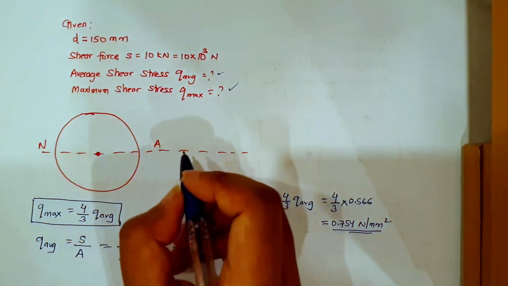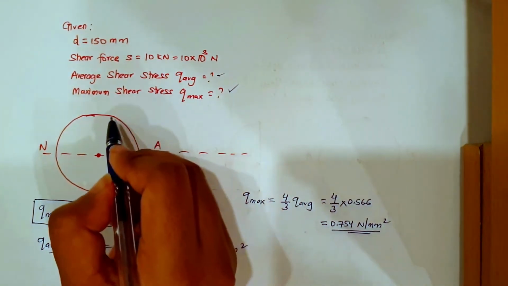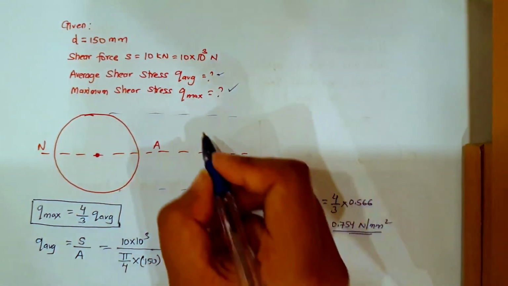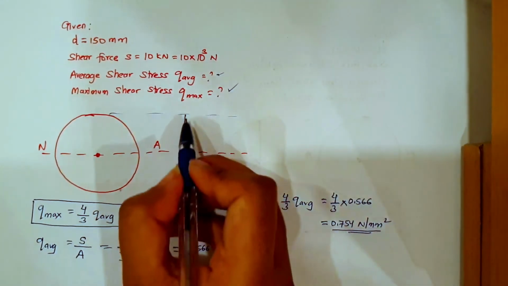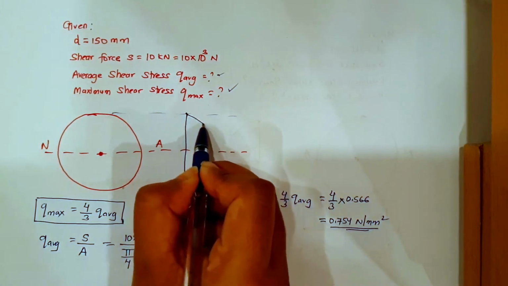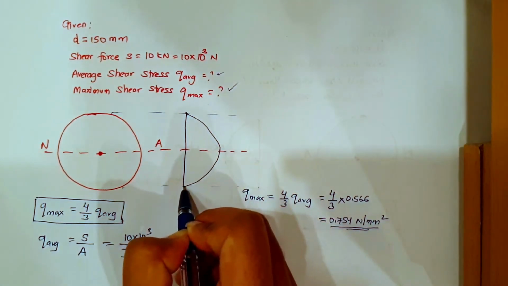Now we are asked to find the shear stress distribution diagram. Here maximum will come at this point, then it will reduce.